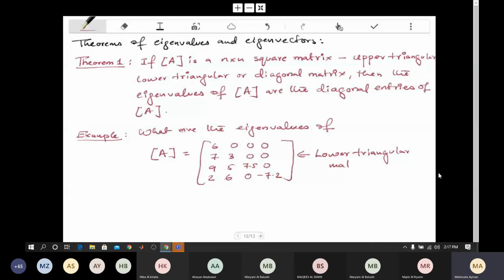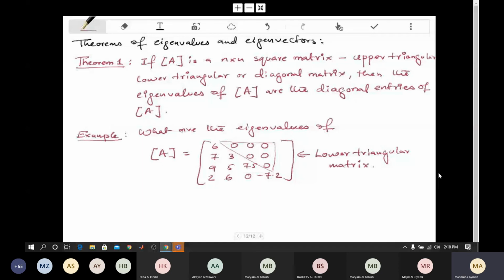Some of you wrote it's an upper triangular matrix. No, it's not upper triangular because in the lower triangular area there are elements. In the upper triangular area everything is zero. So everything above is zero. So in that case this is a lower triangular matrix, not an upper triangular matrix.